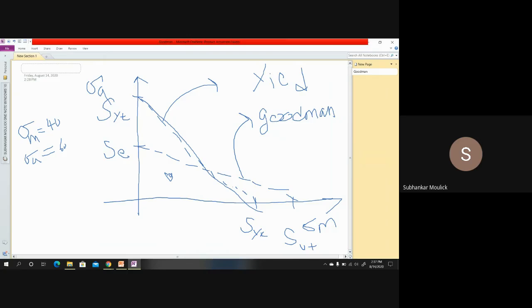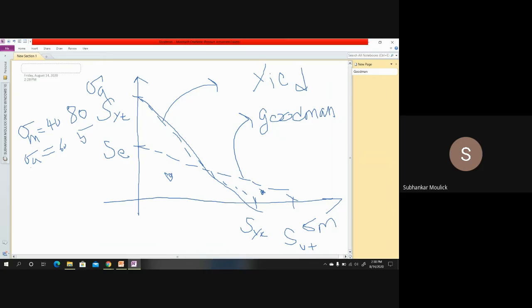But if I place any point over here, say sigma M comes out to be 80 and sigma A is say 5, say this is that point. Now if you see this particular point, according to Goodman theory of failure, it is safe.